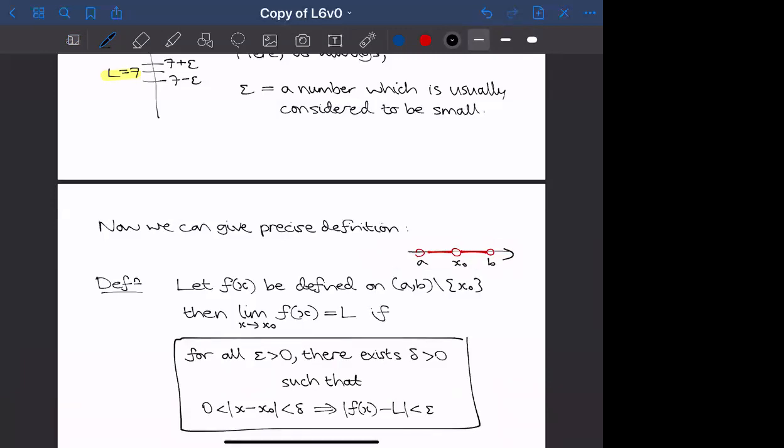Then the limit of f(x) as x goes to x0 is L if for all epsilon greater than 0, there exists some delta also greater than 0, such that if my x is close to x0, then f(x) has to be close to L.